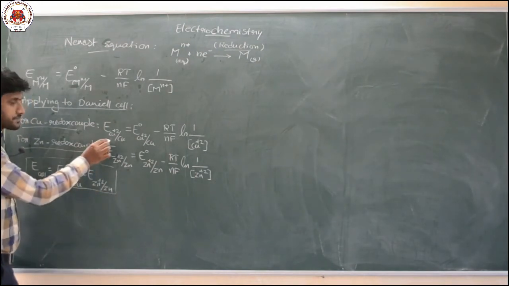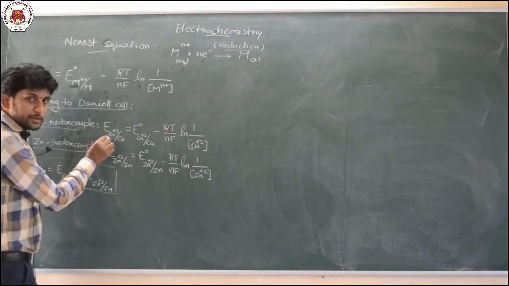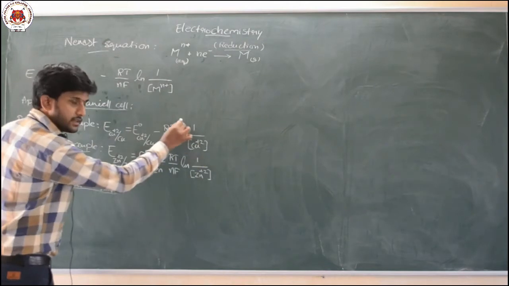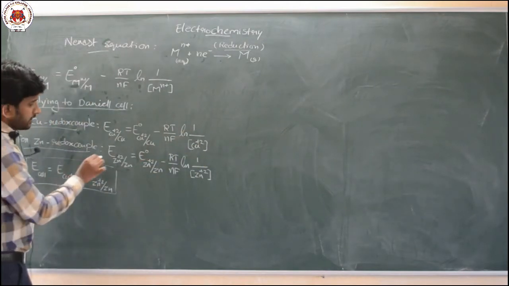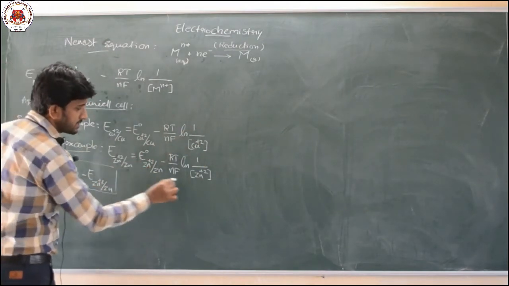Now let me substitute these two equations in this formula. That means E of the copper redox couple as this one and E of the zinc couple as this one.